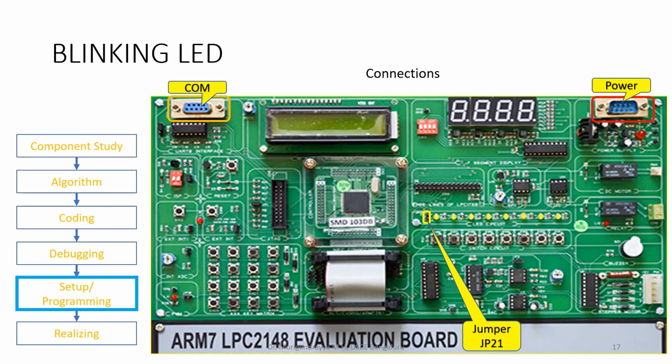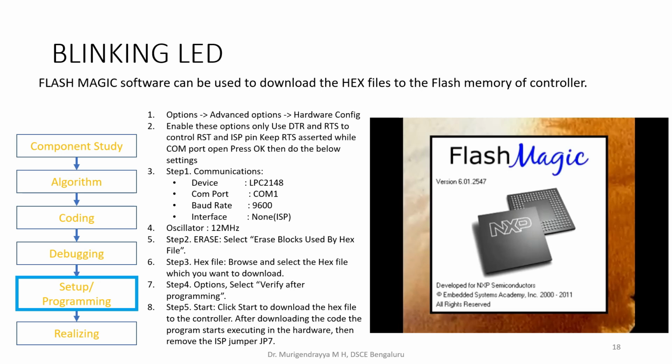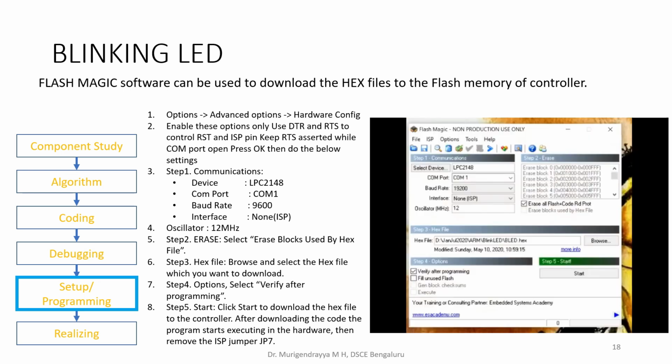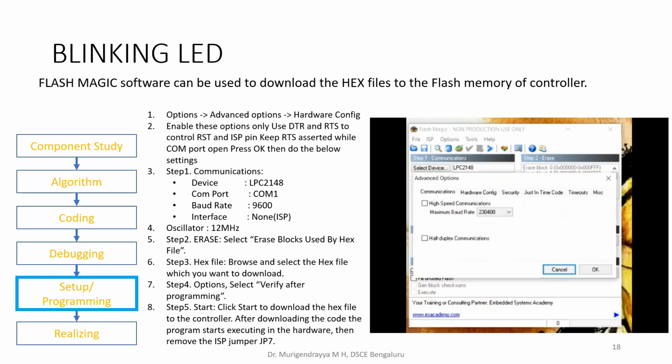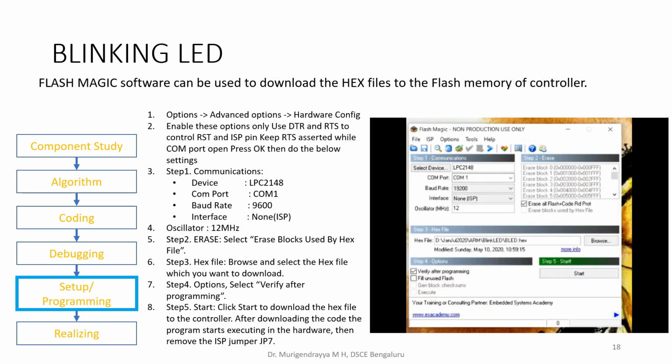Then after doing this connection, now we have to download the hex file which is generated by using Keil. So click on the Flash Magic shortcut on the desktop. Then you will see this window. In that, you go to the advanced option and select target hardware configuration.